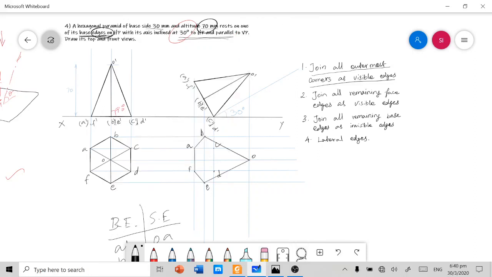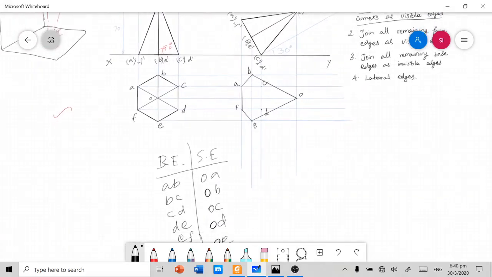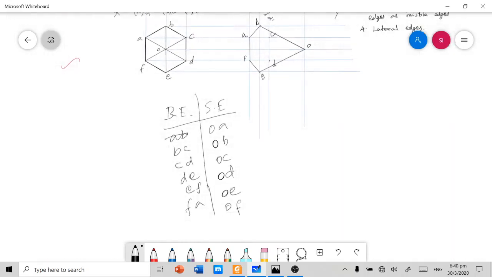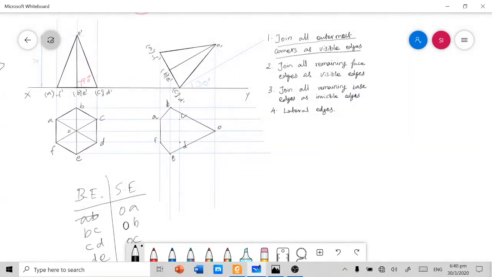I just connected all the outermost corners as visible edges. Now the edges connected so far are the edge AB, edge AF, and the edge EF. So three base edges got connected, and then there are no face edges, so point number 2 is not applicable for this solid.